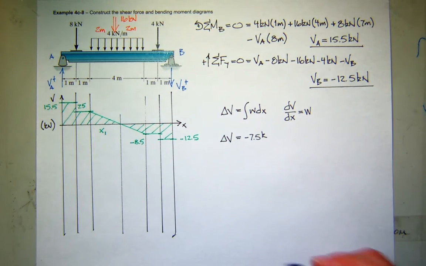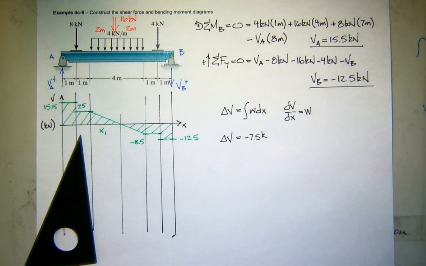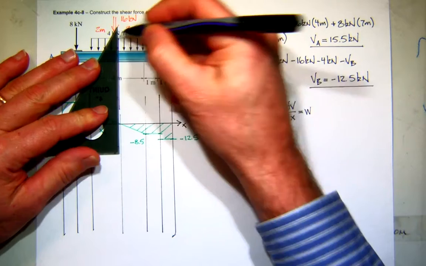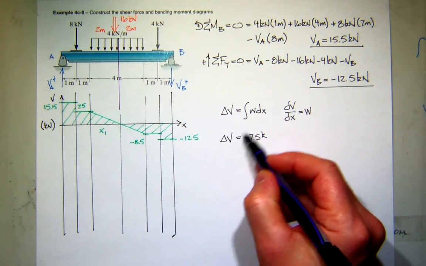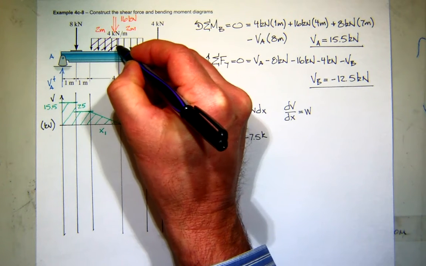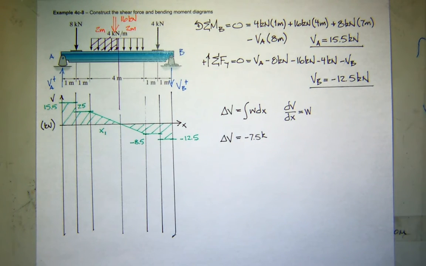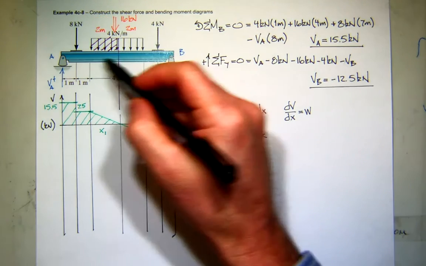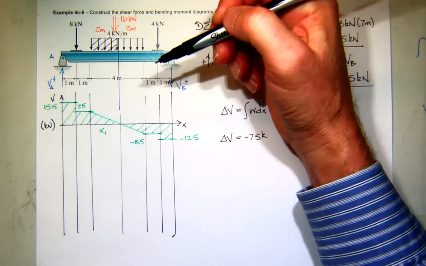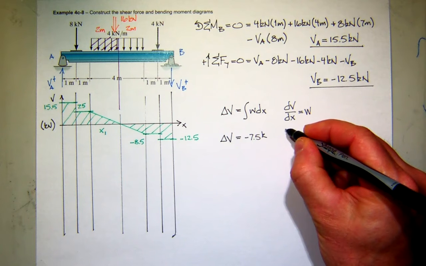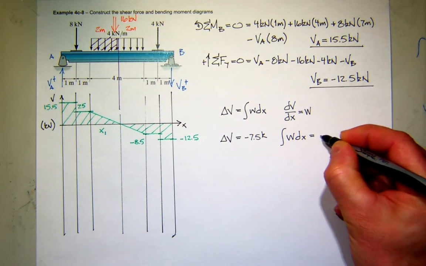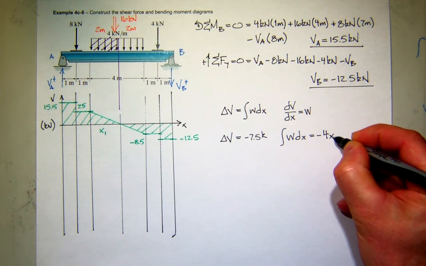You see that? If simultaneously I project this line up to my load, that should be equal to the area in the load curve. So what's the area under the load curve on that same section? What's the area of a rectangle? Base x1, height 4. So the area under the curve should be minus 4x1.